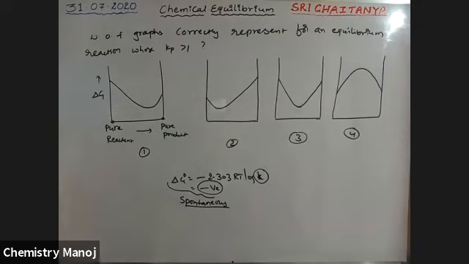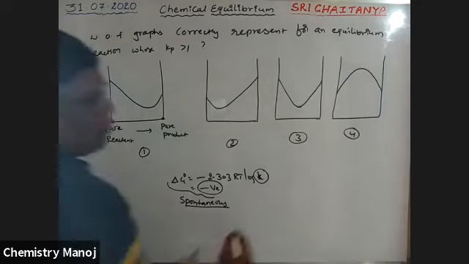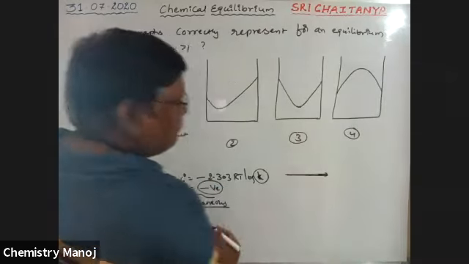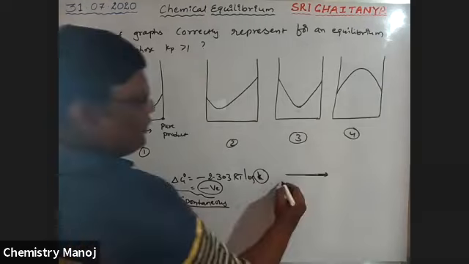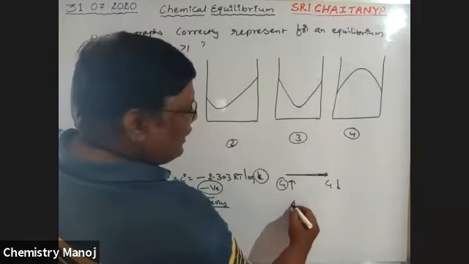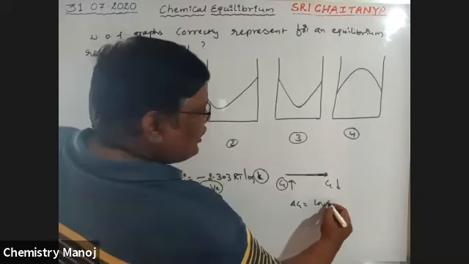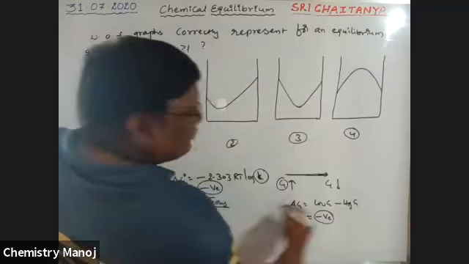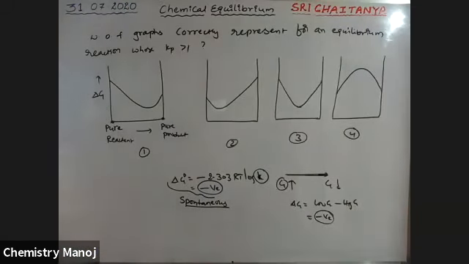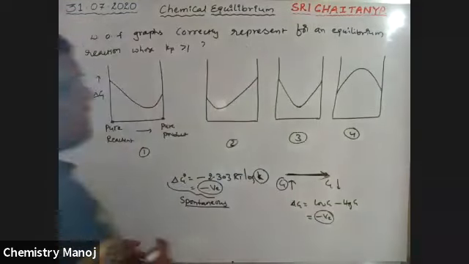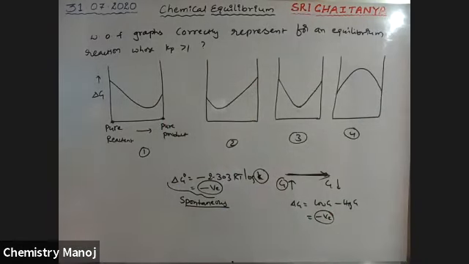So spontaneous means during the chemical reaction, G goes from high to low. Therefore delta G is low G minus high G, which is a negative value. That means the change in Gibbs energy should be decreasing; that direction is the possibility.